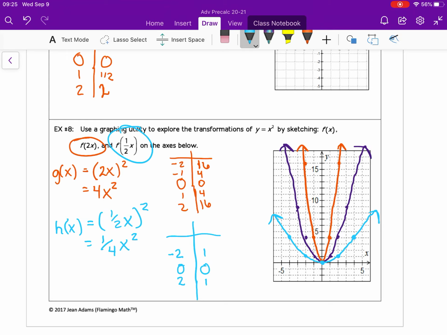I don't want to graph that. So I'm going to put in 4. 4 squared is 16. A 4th of 16 is 4. And then I plotted those points and graphed. Notice the stretch, the normal one, and the shrink.